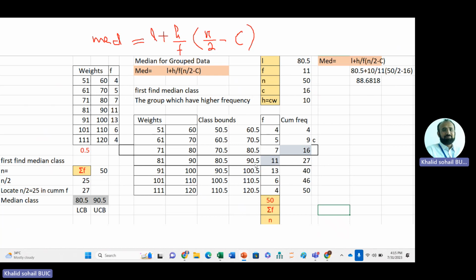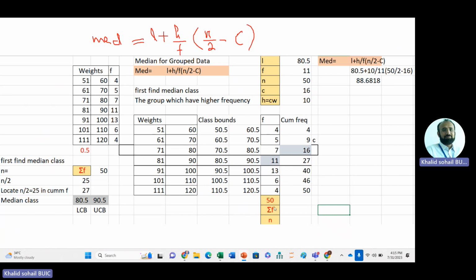In this case, our median class that I am highlighting is 80.5 and 90.5. After highlighting this median class, we get the values for all these variables. L is the lower class bound, this one, 80.5. F is 11, this frequency.